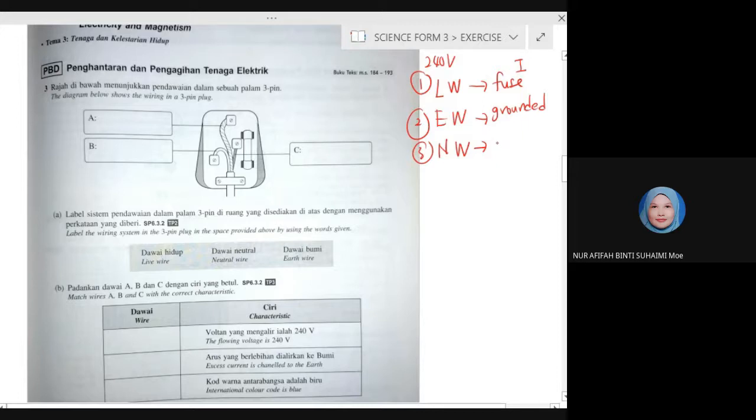Okay, send it back. The one just now, live, brings the current in and allows it to enter your house. Neutral returns it back to the substation. Okay, just say return, easy to remember. Okay, return. Right. Then you need to know the color. What is the color of live wire, earth wire, and neutral wire?